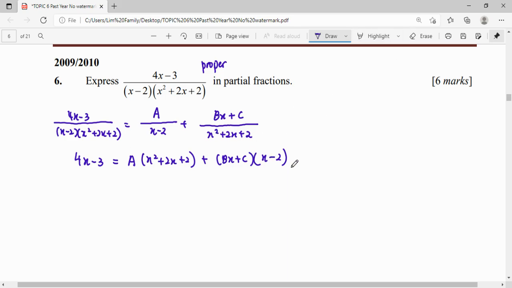After we get this equation, we're going to find out what our a, b, c are. We have 3 unknowns here, so we have to substitute 3 times.